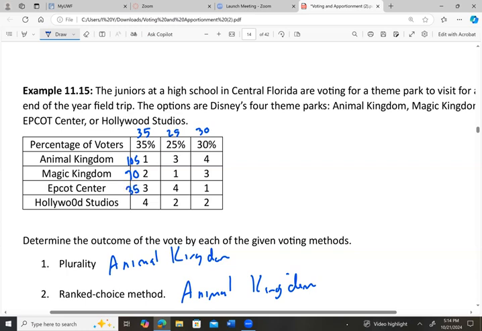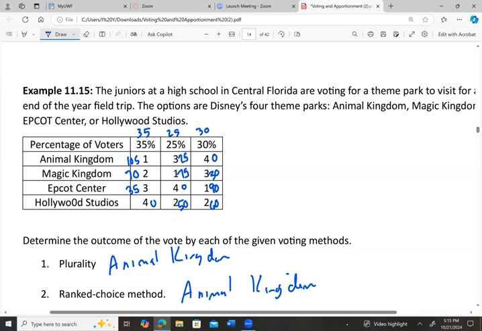Here we would have 3 times 25, which is 75, 2 times 25, which is 50, and 1 times 25, which is 25. And here we would have, well, these would be zeros, of course. 3 times 30, which is 90. 2 times 30, which is 60, and 1 times 30, which is 30.